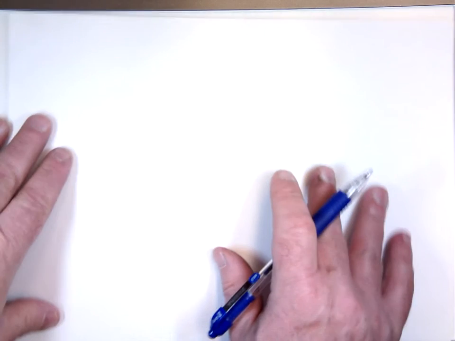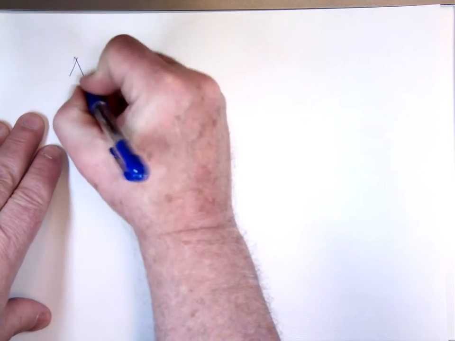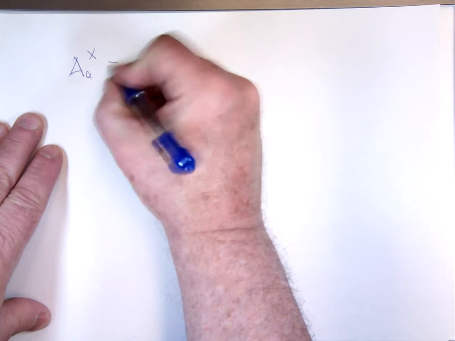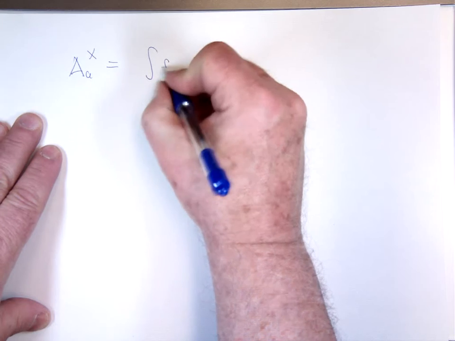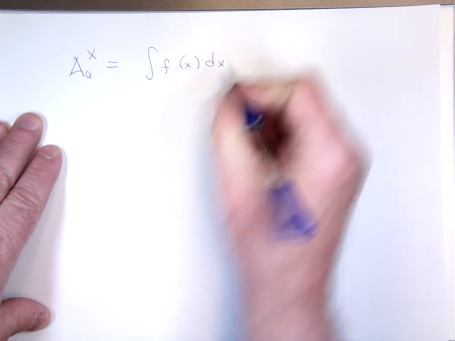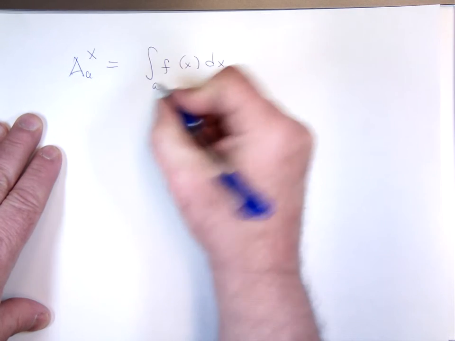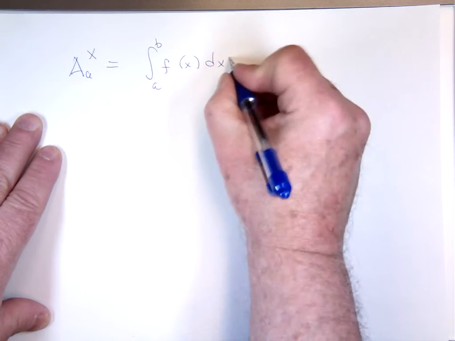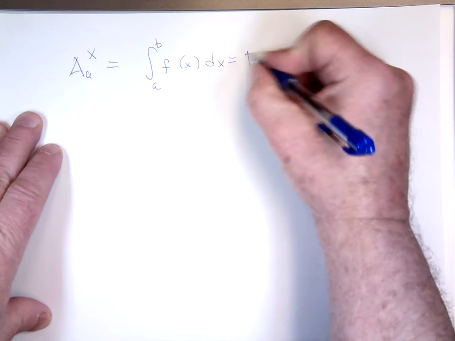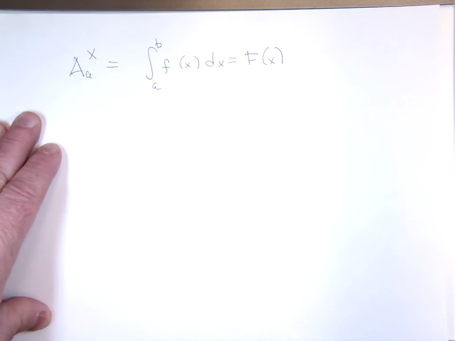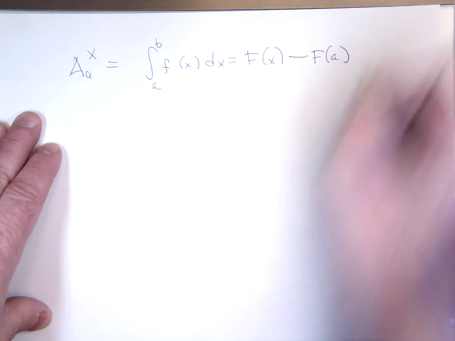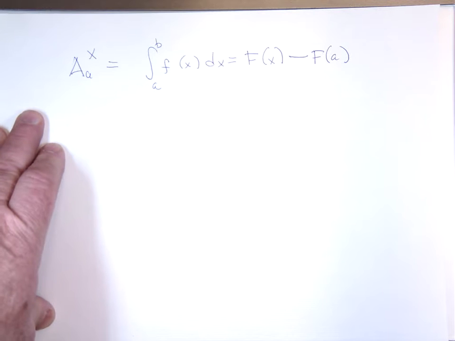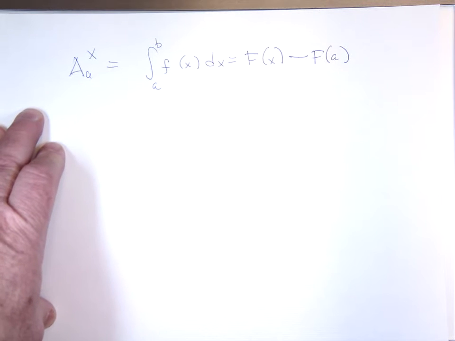The area from A to x is equal to the integral of f of x dx. And to show that we're going from A to B, we put in these limits, A to B, and so far what we have is capital F of x, and the C we just showed was minus capital F of A. That's what we just did.